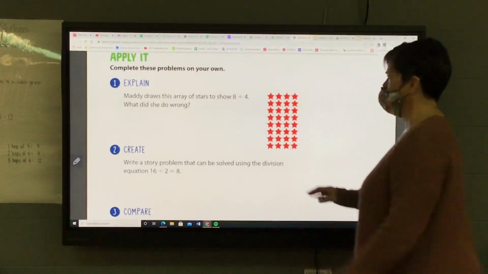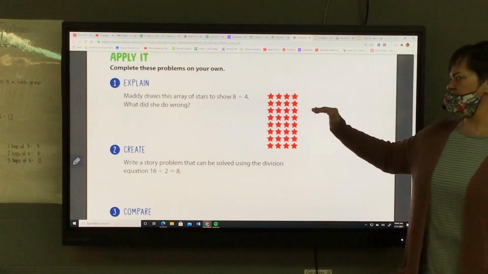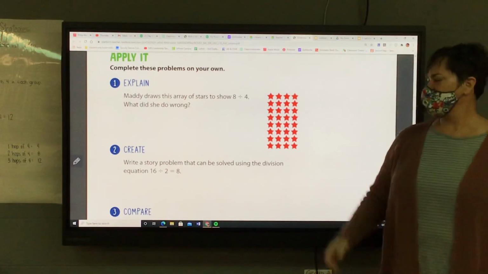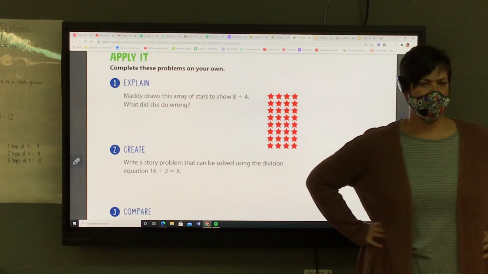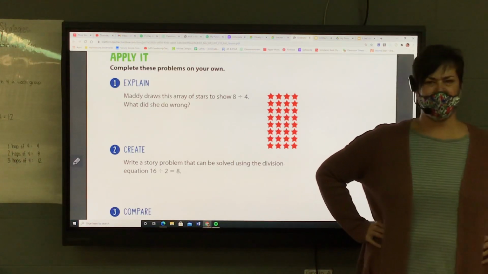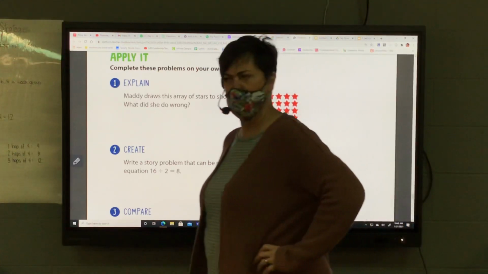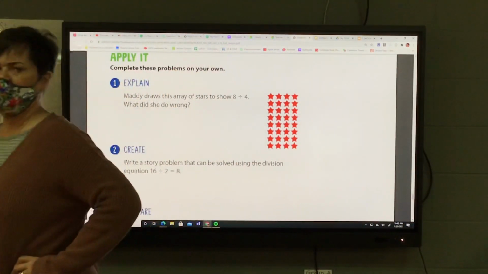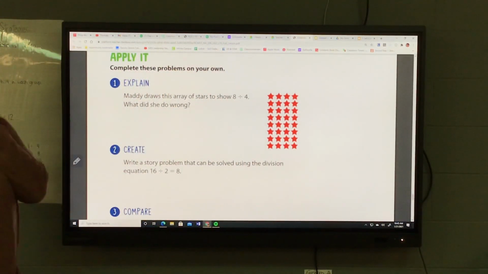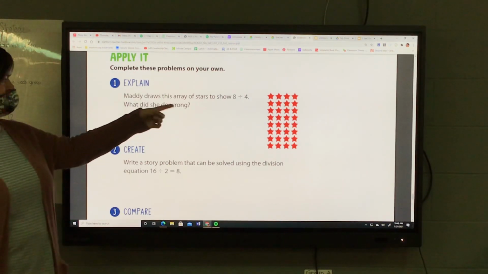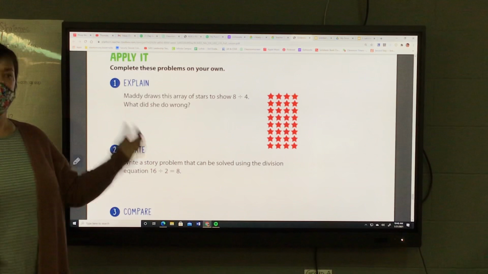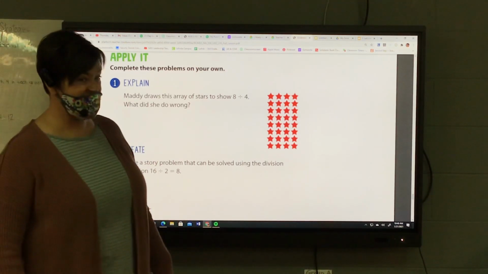She thinks that she drew this array to show 8 divided by 4. What did she really show, though? Lucas, what did she show here? Do you agree with Lucas? Yeah.